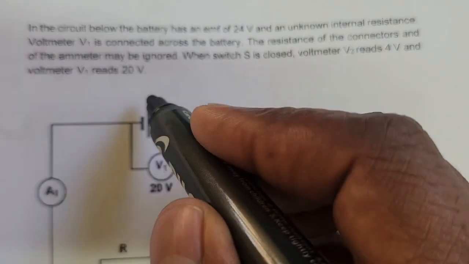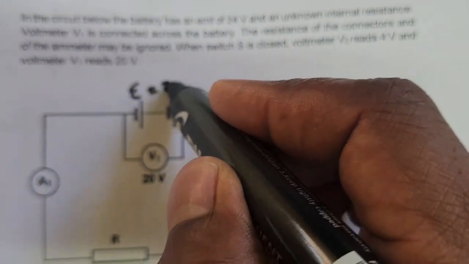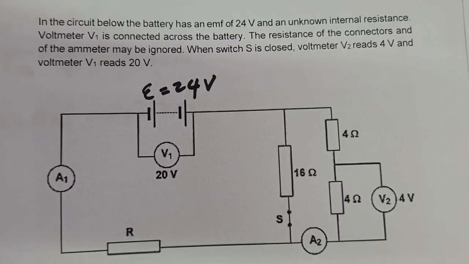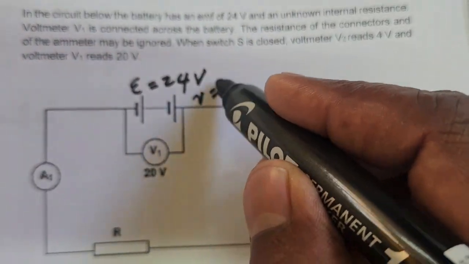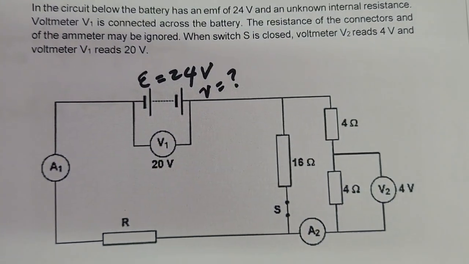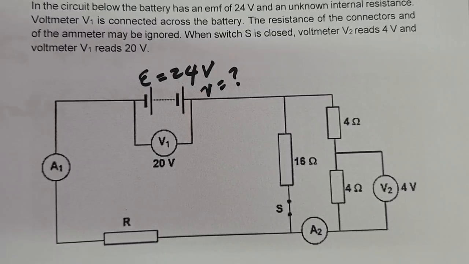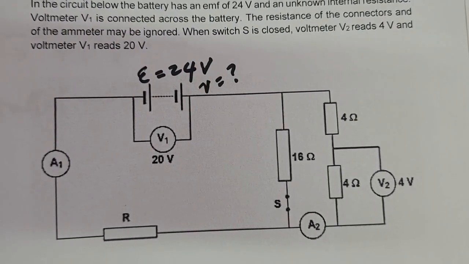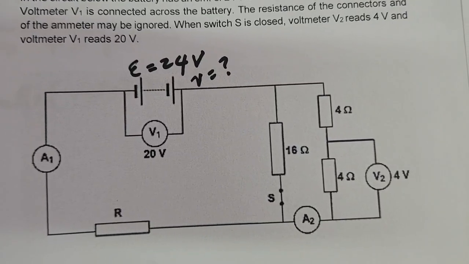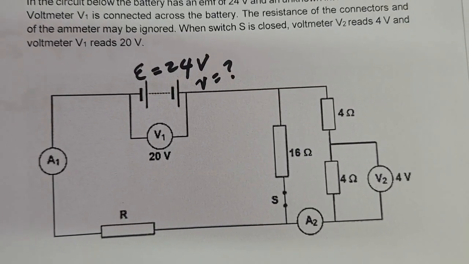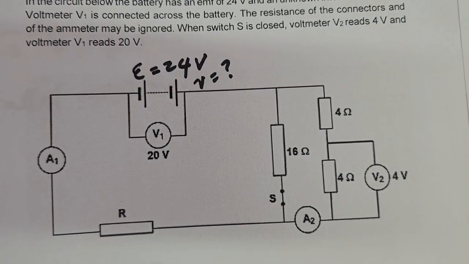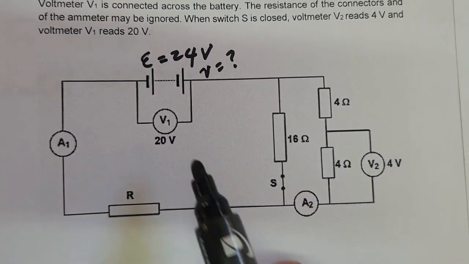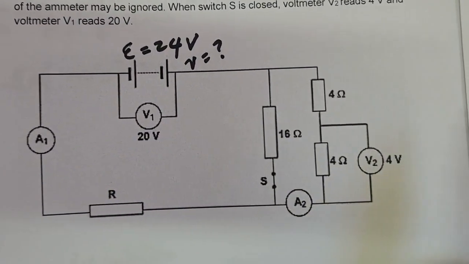Yes, the EMF here is 24 volts. An unknown internal resistance, small r, is not known. V1 is connected across the battery and reads 20 volts. The resistance of the connectors and the ammeter may be ignored. So when switch S is closed, the voltmeter V2 reads 4 volts. Yes, we see it here. And then V1 is 20 volts.